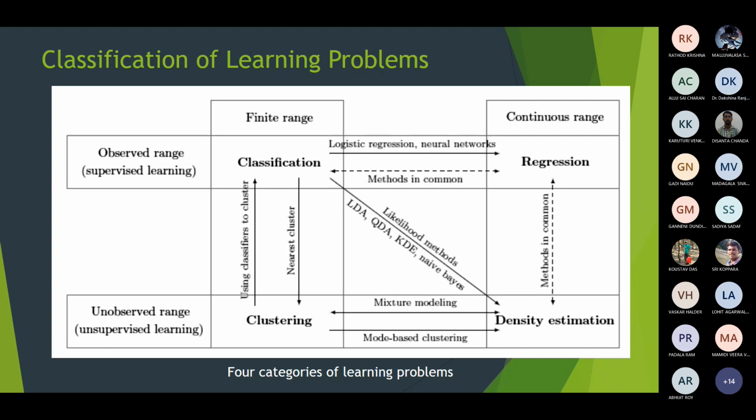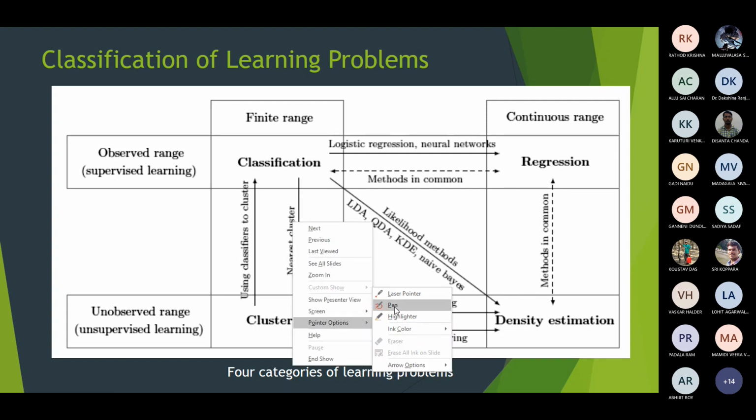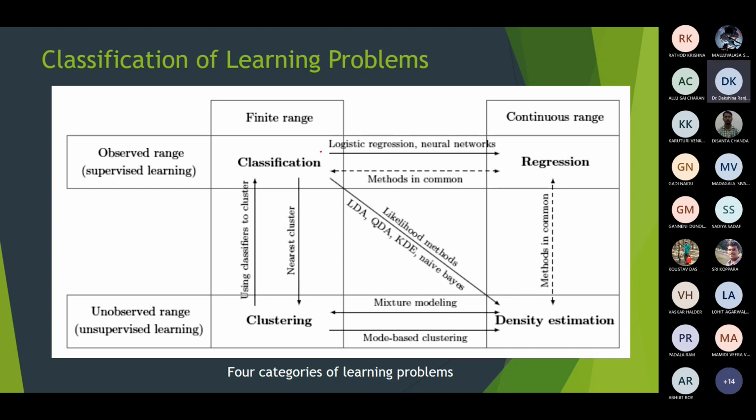Now, if we see this diagram, we can see logistic regression and neural networks. Both of these classification techniques can be transformed into a regression problem. There is an arrow here from classification to regression over logistic regression and neural networks.